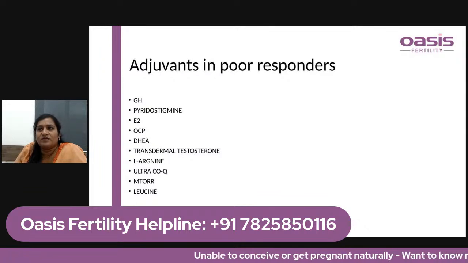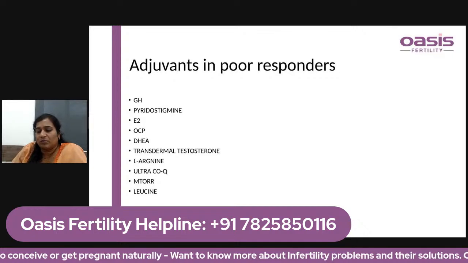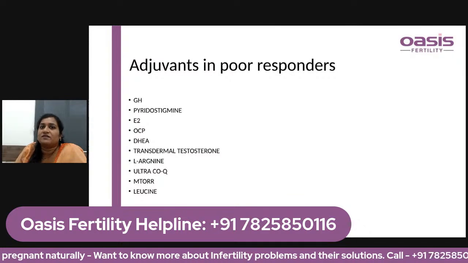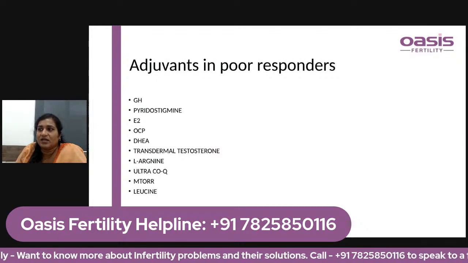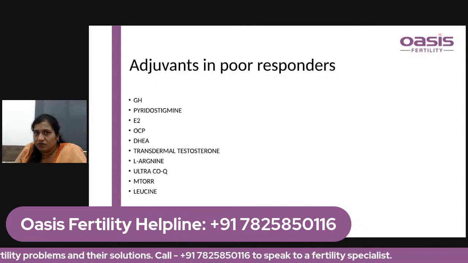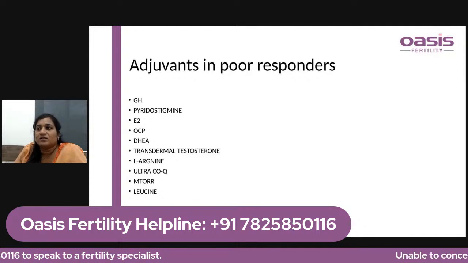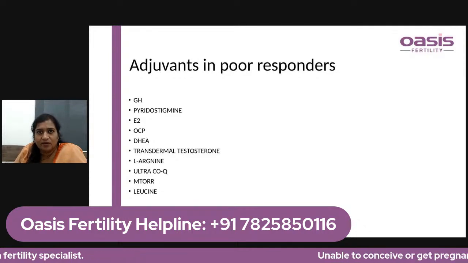So whoever is having less ovarian reserve and is planning to start IVF, it is better we give 1 month of this pre-medication and give some growth hormone also additionally. Along with that, one more thing that is not mentioned is a little dose of steroids, which we add in terms of prednisolone or dexamethasone. Those are the drug names. That medicine again gives us a better response and better quality of oocytes.